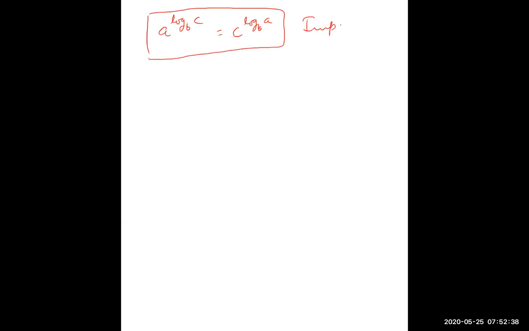For example, 5 raised to power log 7 3 will be 3 raised to power log 7 5. What is the importance here? If you observe, they are interchangeable.